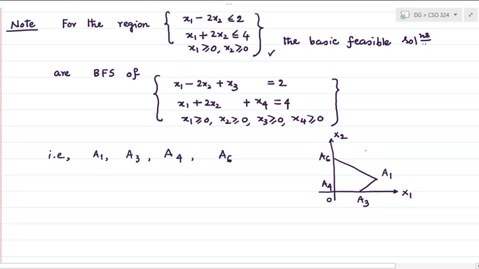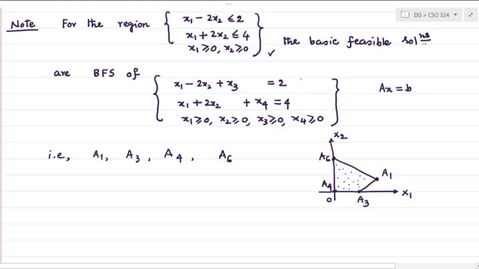And we will prove the next result. Before that, let me tell you one thing here. You notice that precisely the basic feasible solutions are the vertices of the polygonal region that is given by Ax equals to b.